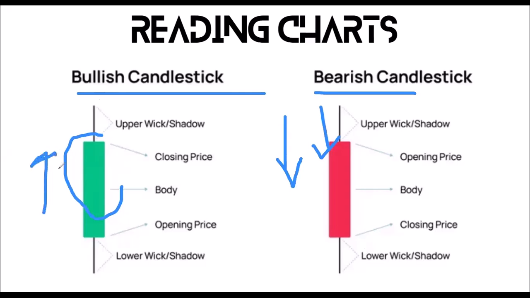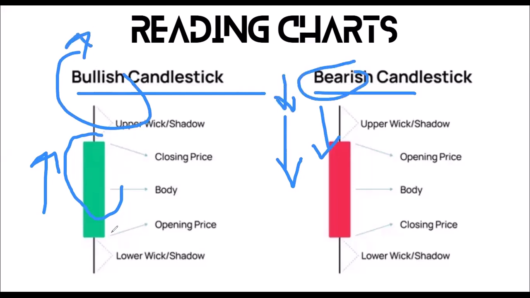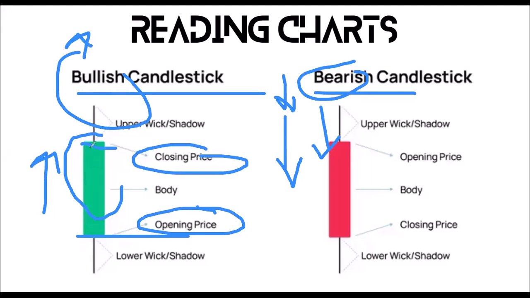So a bullish candle is a candle that goes up, and a bearish candle is a candle that goes down, right? This price here is what we call the opening price, and this here is the closing price, and this is the body of the candlestick. This upper wick, or the shadow, shows the highest price in that time period.